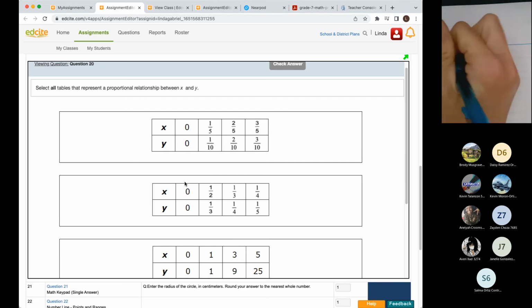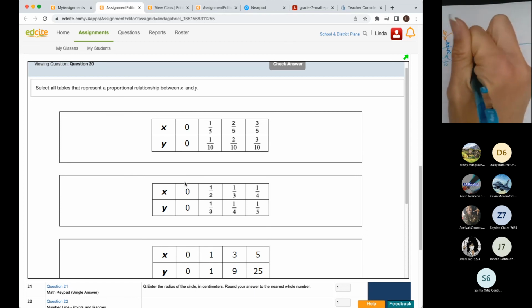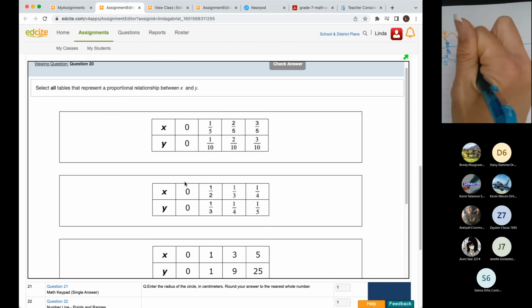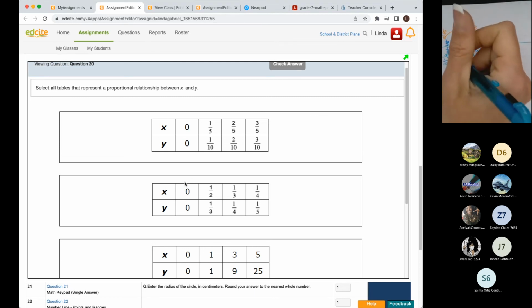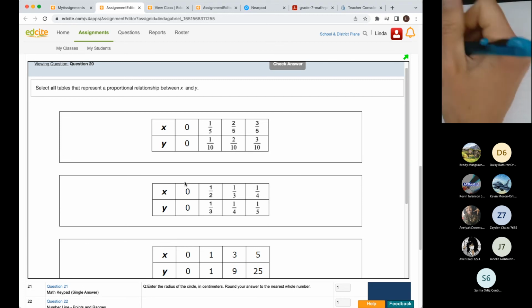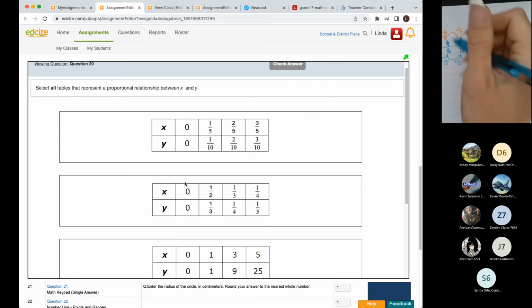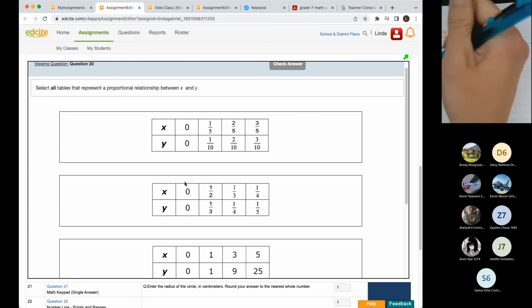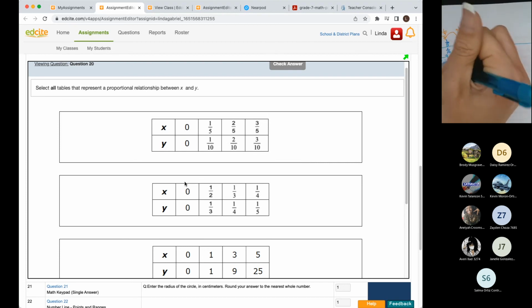My Y value, I'm going to add 1/10, add 1/10, add 1/10. So that one does have a proportional value, right? For every time I increase in the x, I go up 1/5, and for each value I go up in y, I go up 1/10.